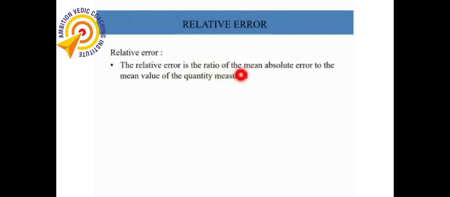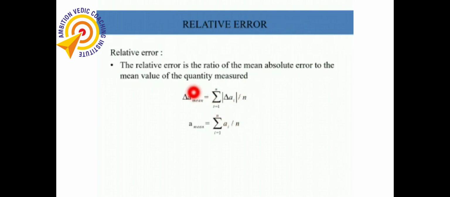It is the ratio of the mean absolute error, which will be in the numerator, divided by the mean value of the total quantity measured, which we have seen. This is the mean absolute error and the second one is the mean. These two values we have seen.